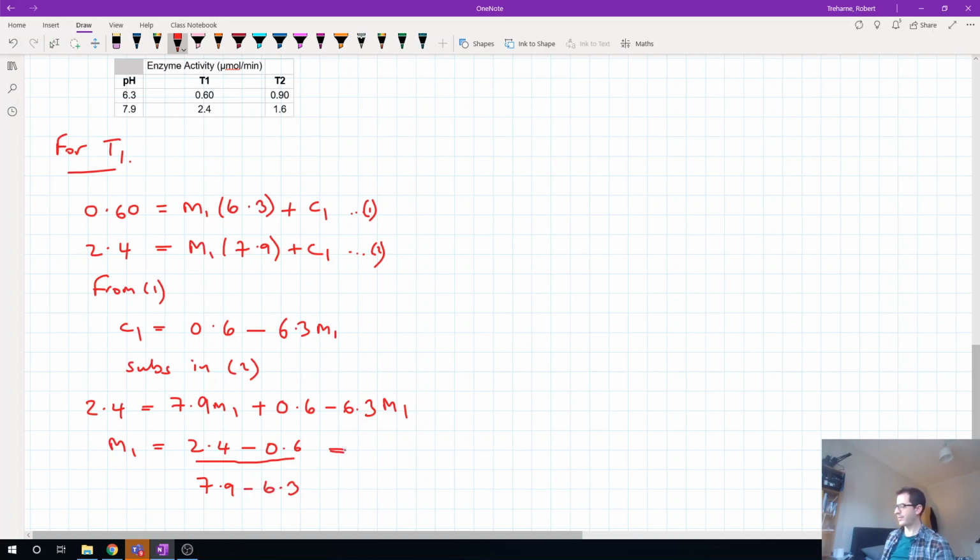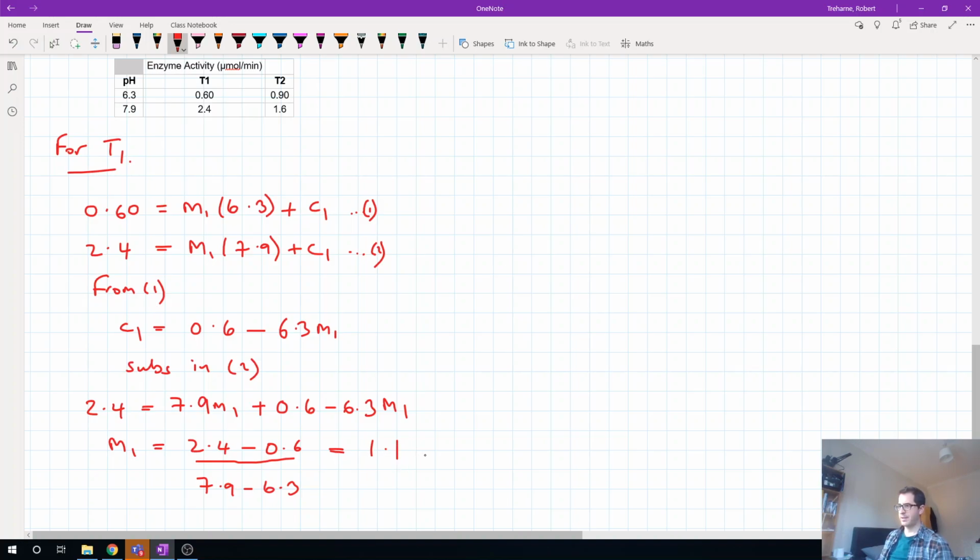Okay, let's get an answer for that. That gives me 1.1 to 2 sig fig.